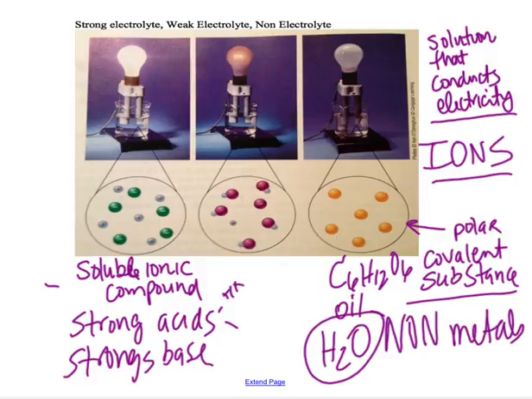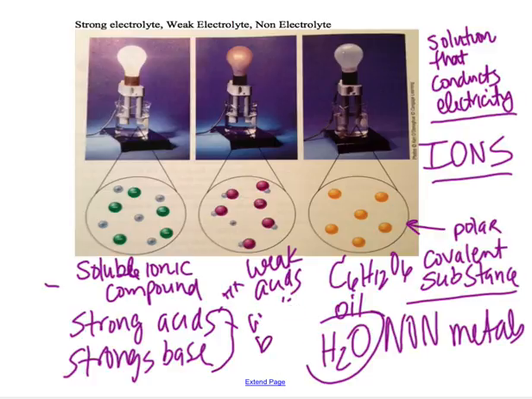So now that we know strong and non, what would be an example of some weak electrolytes? There's really only 2 things. Potentially an ionic compound that doesn't dissociate completely. I'm not going to write that down because that's not one we're going to really focus on. There's another set of things that you know. Yeah, weak acids and weak bases.